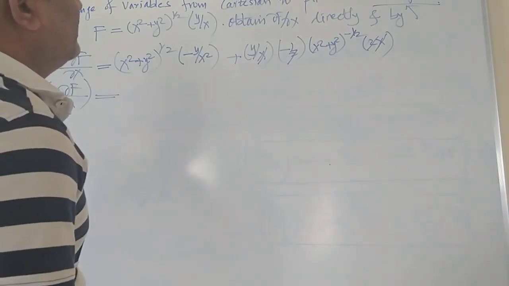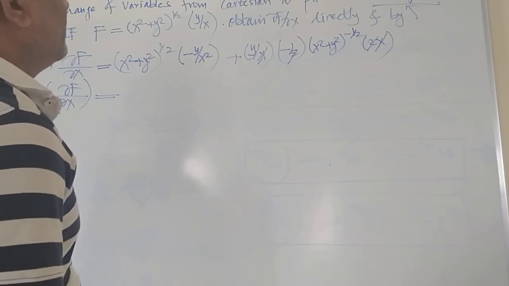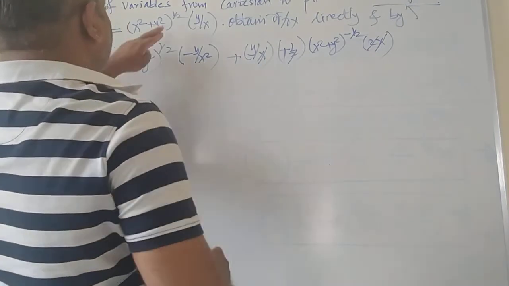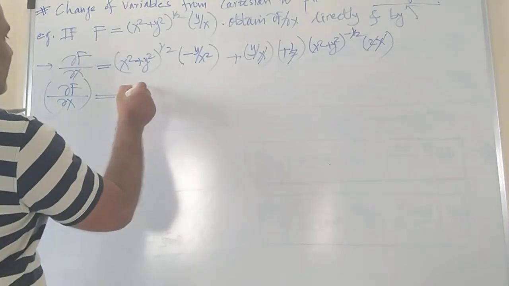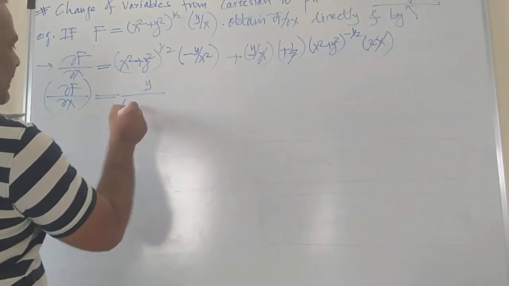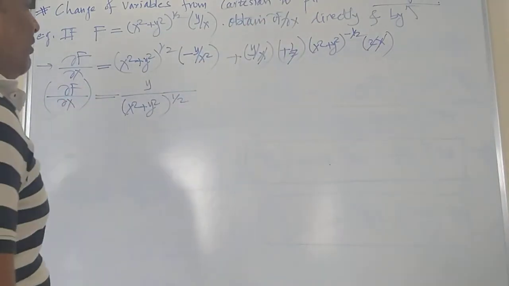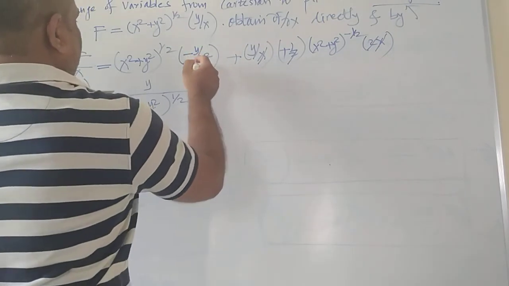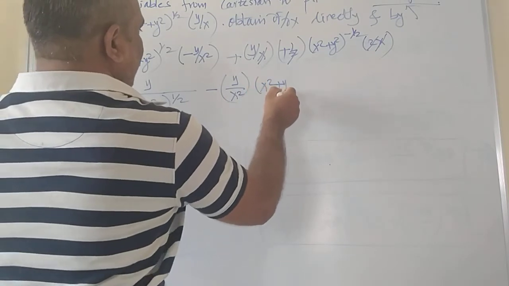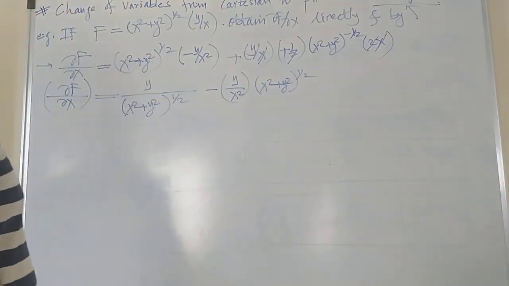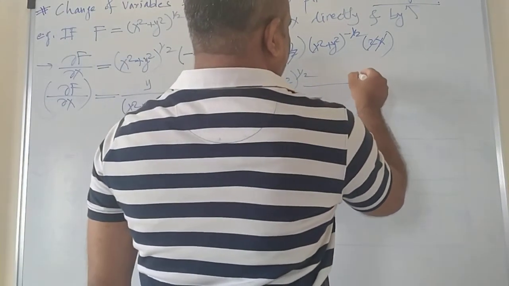Okay, so the first term is y upon (x square plus y square) raised to power half. The minus half goes to the denominator and becomes plus half, minus this y by x square into (x square plus y square) raised to power half. Now this is your direct differentiation of the given function. Let us say this is equation number 1.